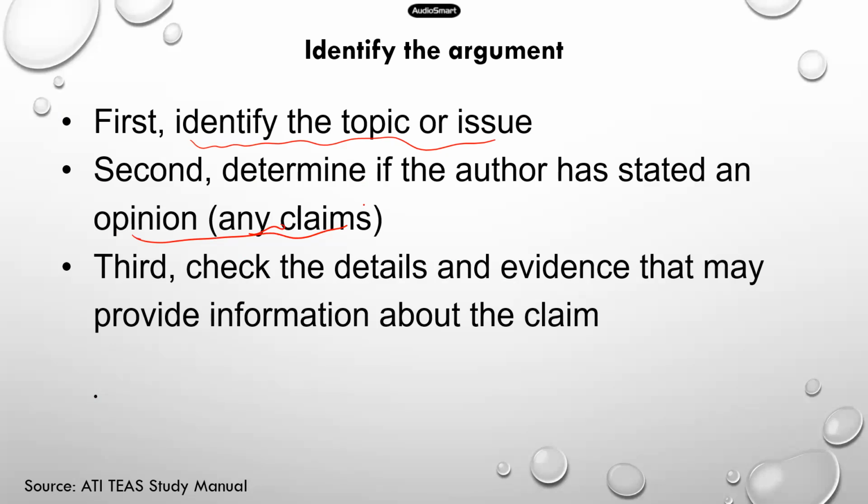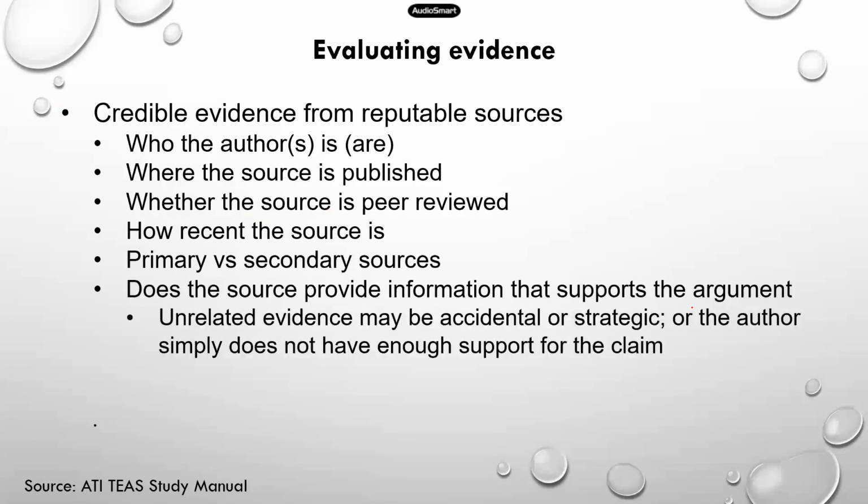And usually for a lot of passages, the opinions and claims tend to be at the beginning. And then in the end, there might be a reiteration of that particular opinion or claim. And then last, once you figure out the claim, then you're going to check all the details and evidence that support that claim, right? And then see if those details and evidence are convincing enough, whether they're credible, reliable information.